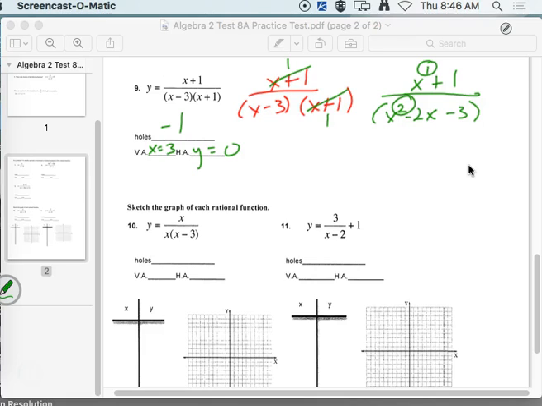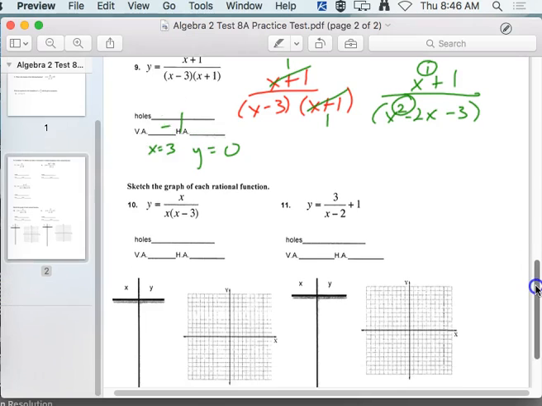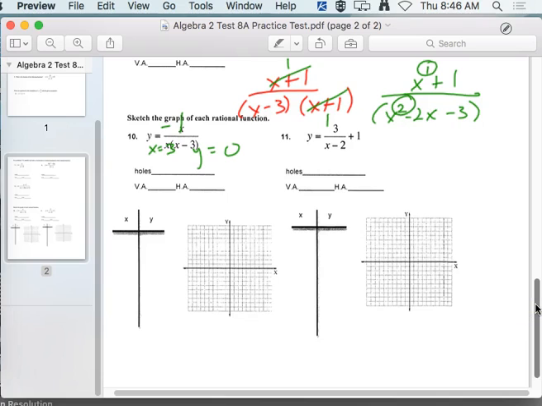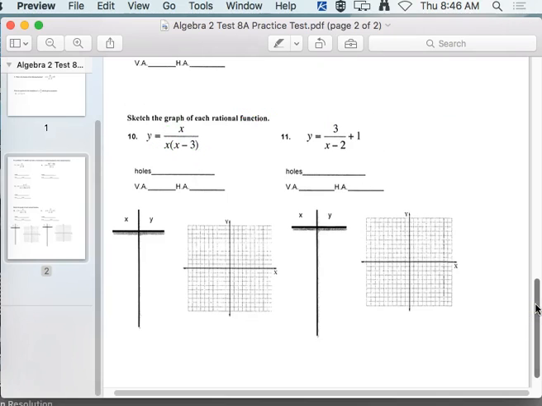Notice the same stuff has to be found that had to be found for number 9. Let me scroll this up a little bit so we can see the whole problem. That's where we start with that good stuff. So, do we have to factor it? Oh, good. It's already factored. Do we have any holes? Yes or no? Holes?